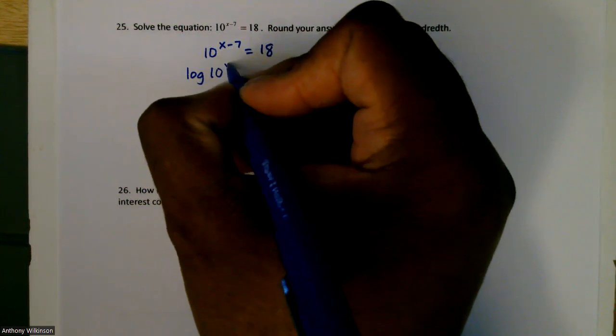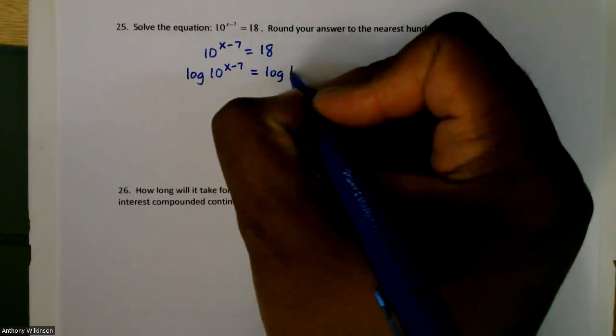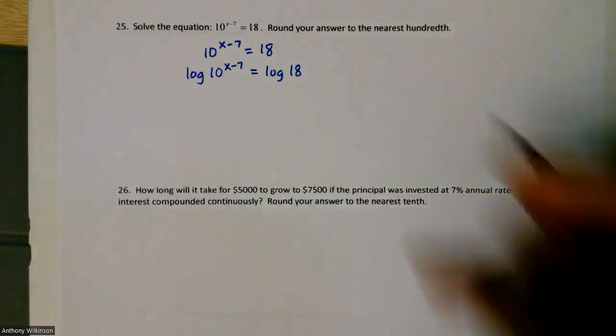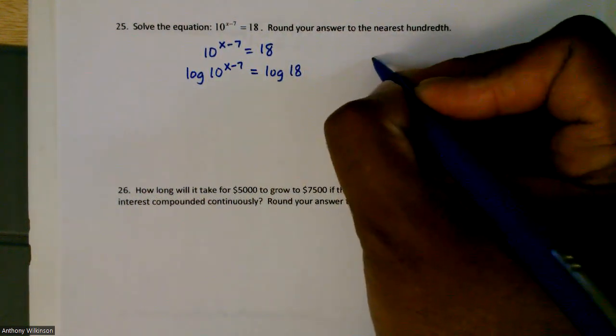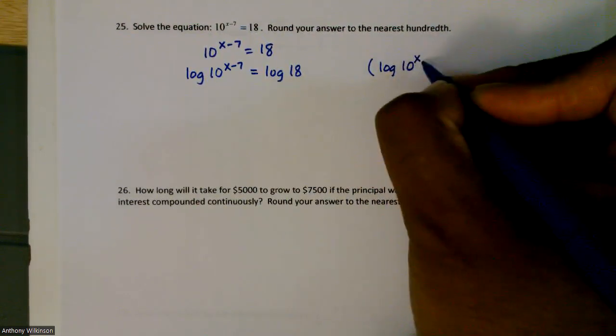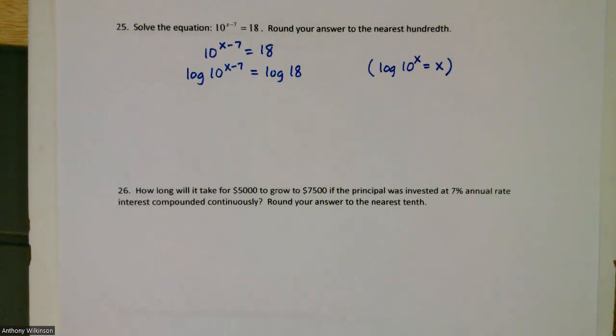So I have the log of 10 raised to the x minus 7, and that's equal to the log of 18. You have to take the common logarithm on both sides. Now there's a rule that says this. If you have the log of 10 to whatever your exponent is, that will be automatically that exponent, because log to the base 10 and base 10 are inverses of each other.